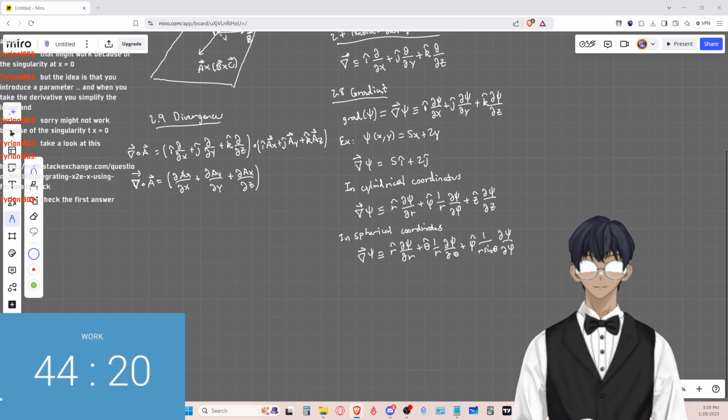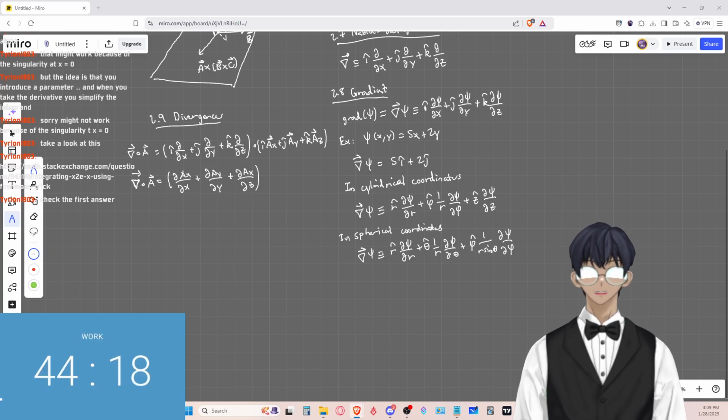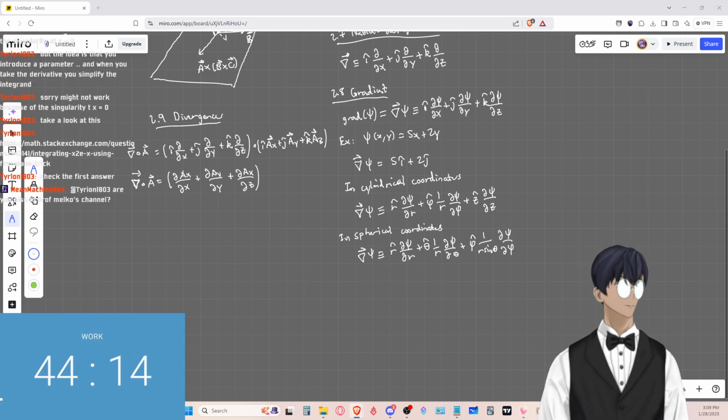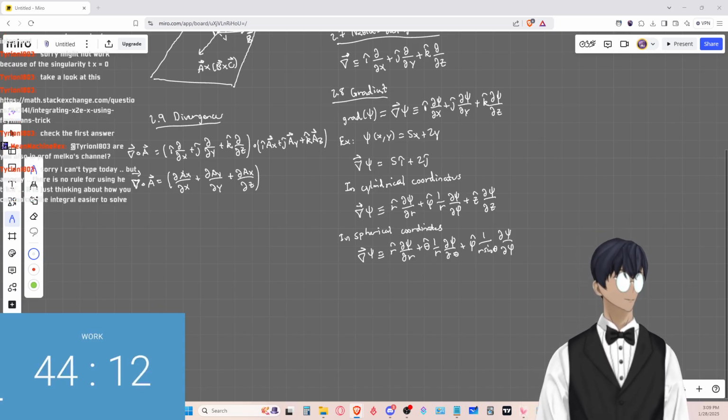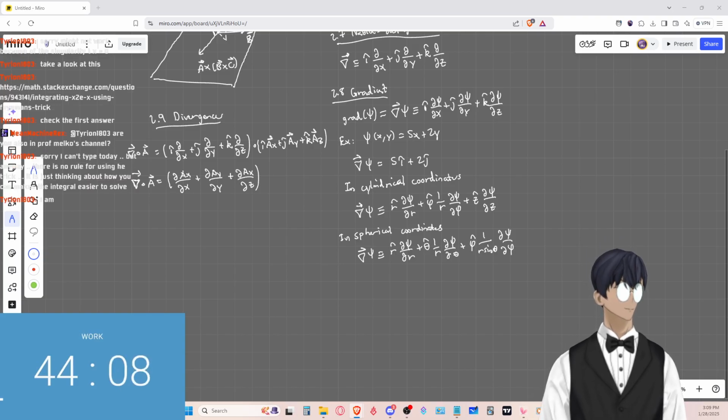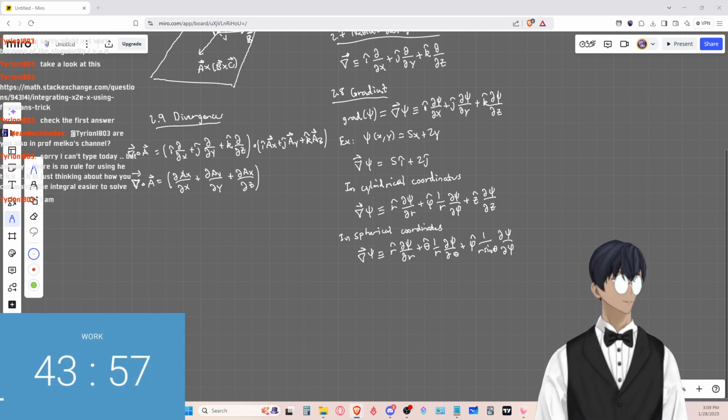I guess it's like a derivative version of the dot product. Sorry, I can't type today, but anyways, there's no rule for using the trick. It is just thinking about how you can make the integral easier to solve. Yep.